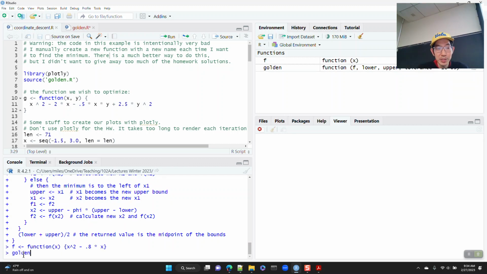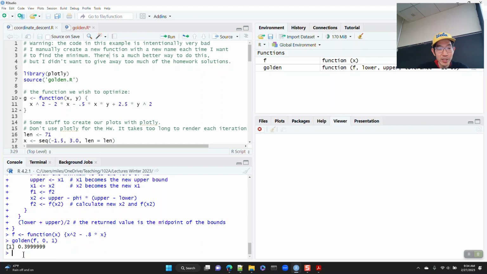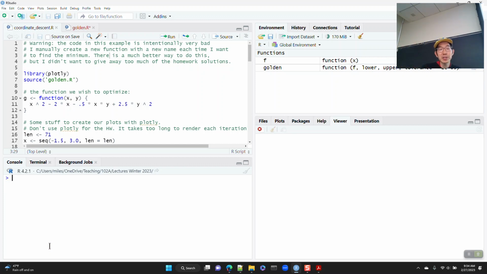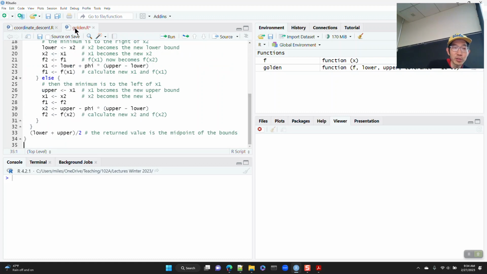And then I can do golden, find the minimum of f between, say, 0 and 1. And it runs through its cycles and it says, here's your minimum at 0.39999, okay? So we're going to basically use golden section search to perform univariate minimization.